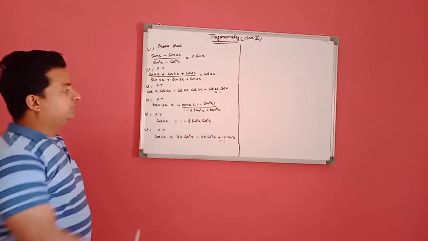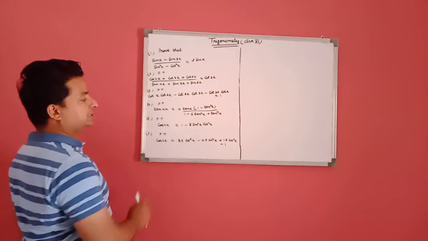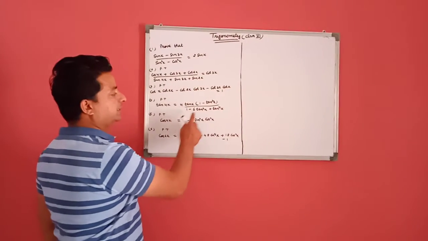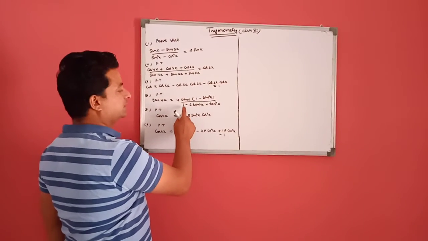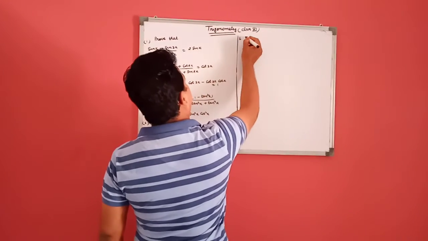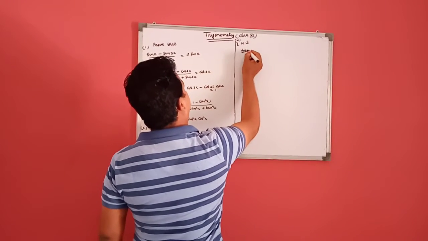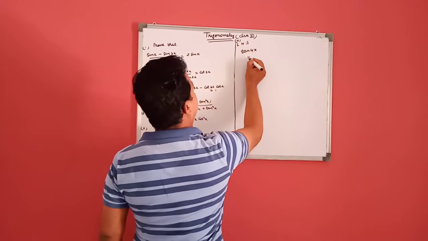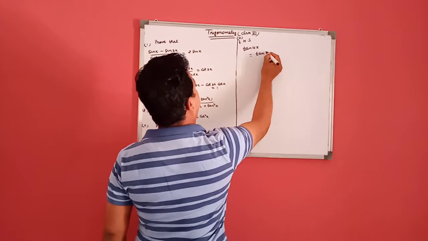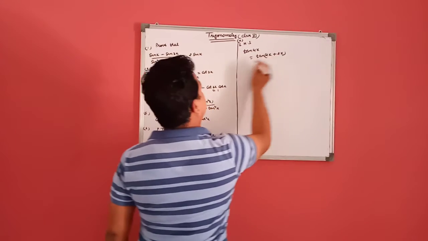In question number 4, we are required to prove that tan 4x equals 4 tan x (1 minus tan square x) over 1 minus 6 tan square x plus tan 4x. In this question, we take the left hand side, that is tan 4x. We write this as tan (2x plus 2x).